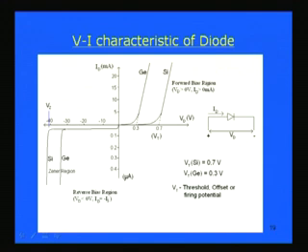But if you go on increasing the reverse bias, a point will come when, at a very high voltage, there will be a sudden rise in the current. That point is known as the breakdown voltage, or it is also called the Zener voltage.